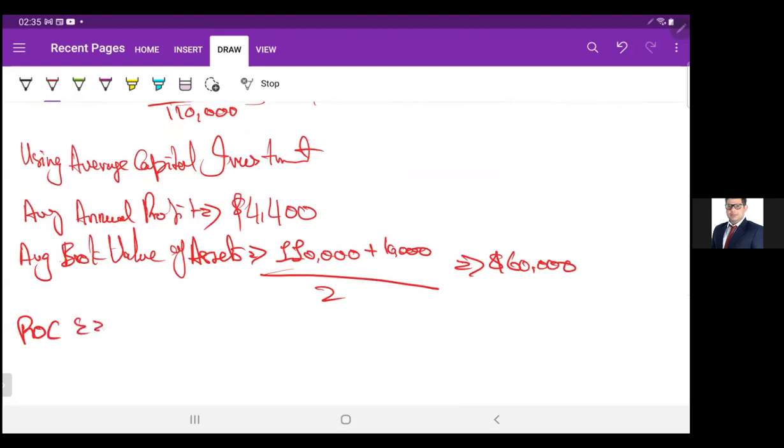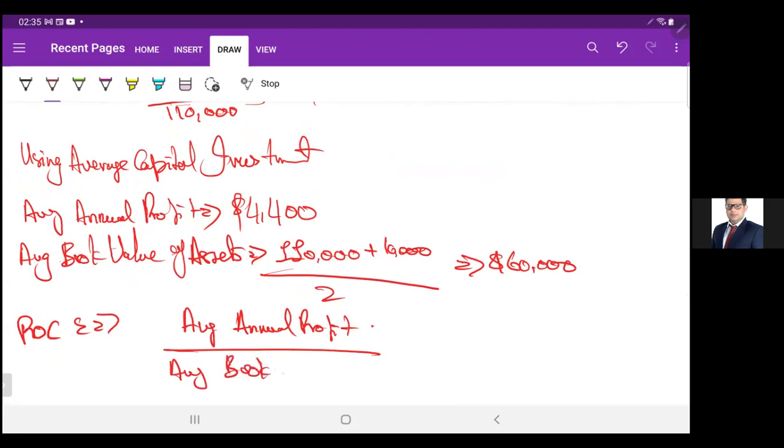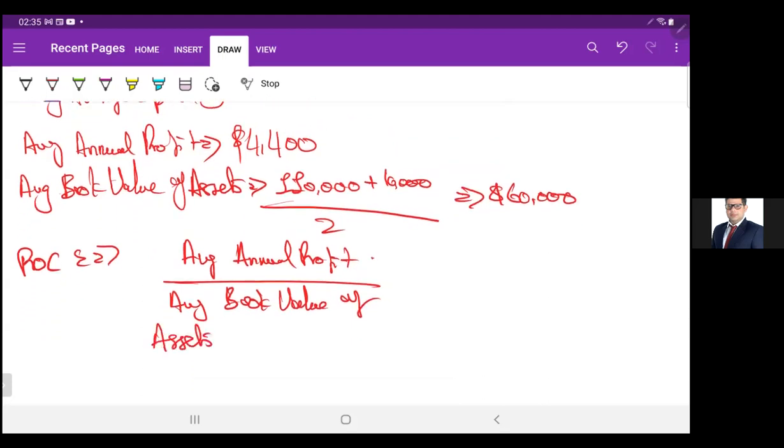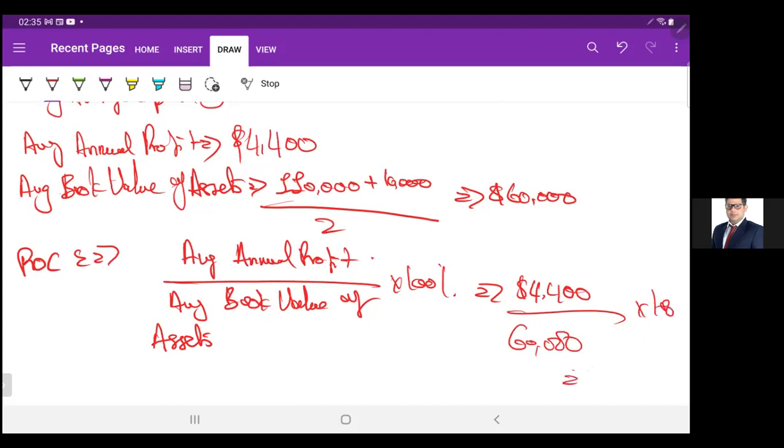ROCE is average annual profit divided by average book value of assets, multiplied by 100%. 4,400 divided by 60,000 into 100, we will get 7.33%.